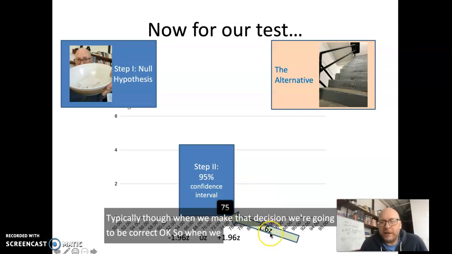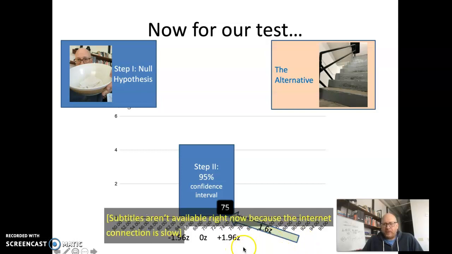The z-score for that is 1.6z. If you take a close look at this, our confidence interval stops at 1.96z. This actually falls within the range.